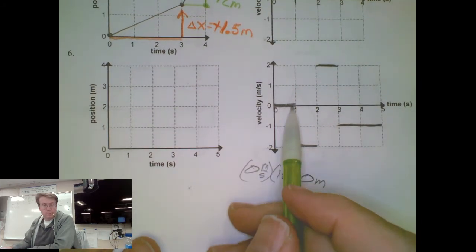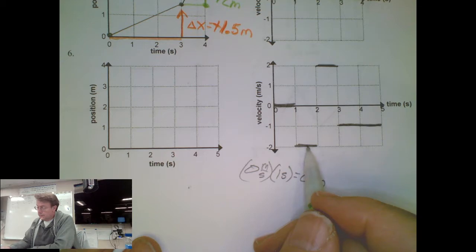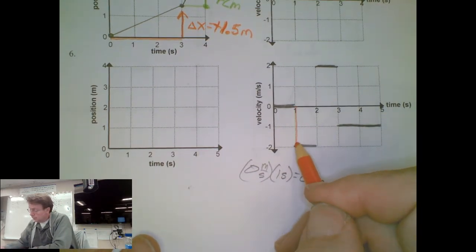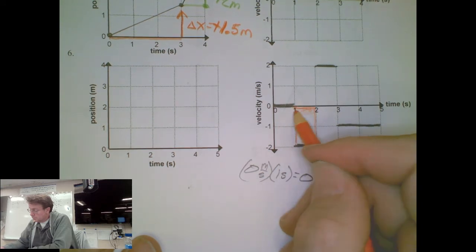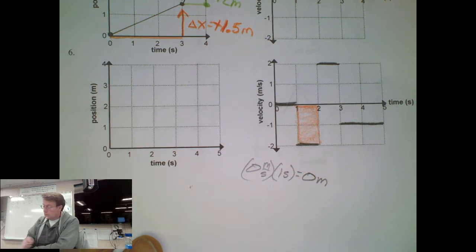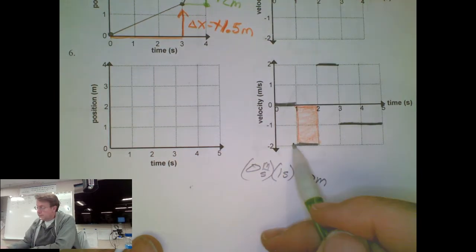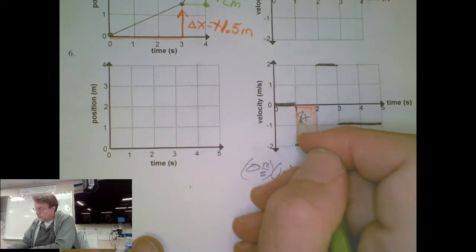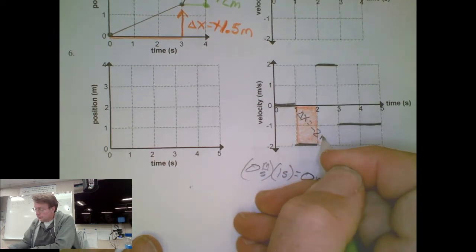So this has no displacement. The next one would be this area. It has a height of -2 and a width of 1. So this has a displacement of -2 meters.